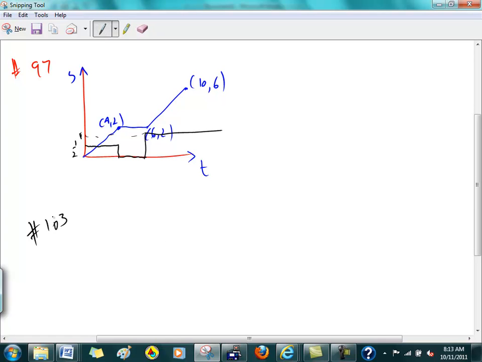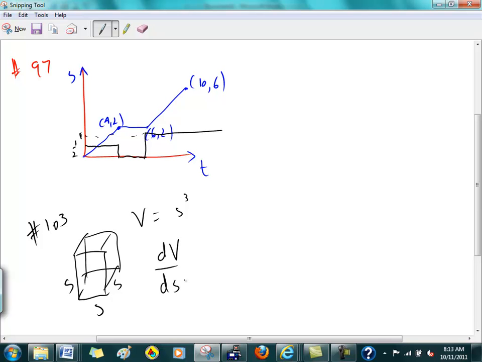Okay, 103 reads: the volume of a cube of size S is given by that. Find the rate of change of the volume with respect to S. Okay, so you've got a cube here. It's S by S by S. So volume is S cubed. They want the rate of change, dV by dS.